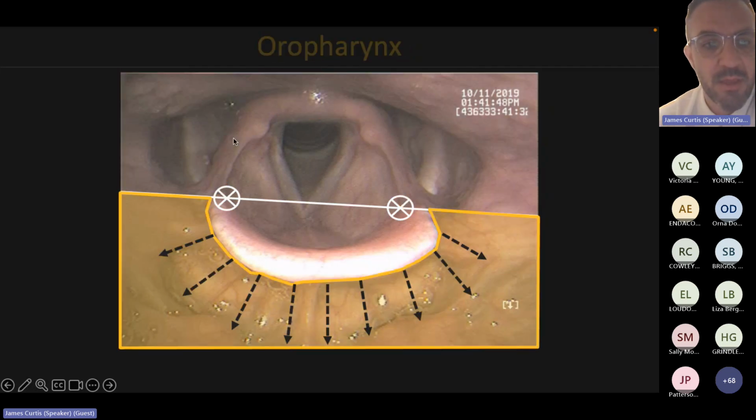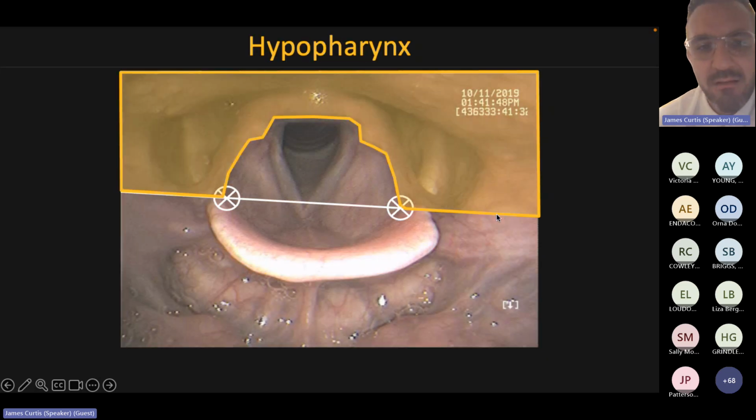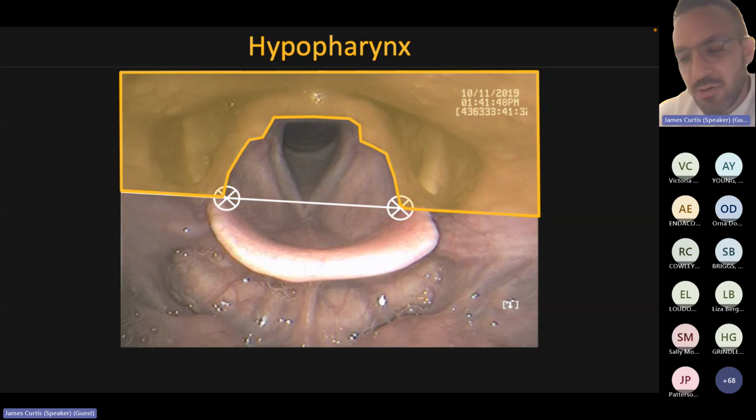In FEES, you might be used to hearing things about lateral channels, so kind of like over here, but not everybody has these very clear lateral channels. We also couldn't identify ways to reliably define exactly where the lateral channel stops and starts and where the piriforms definitively stop and start.